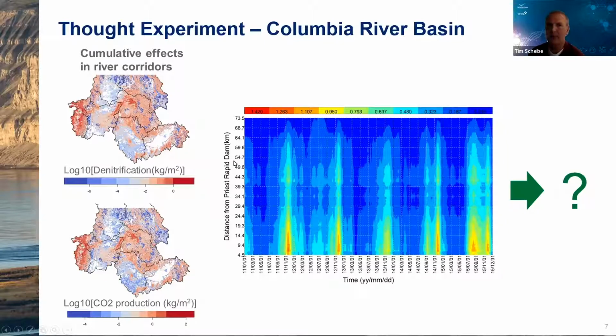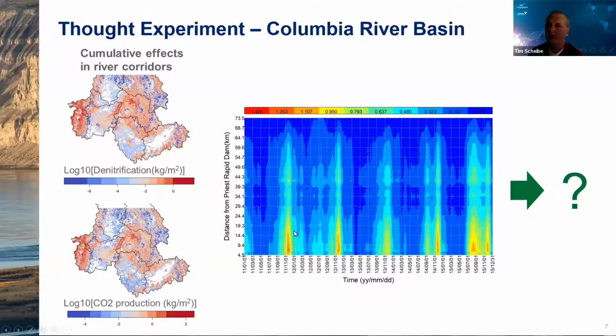Priest Rapids Dam is a hydroelectric dam that generates electricity, and it does so by releasing water through the turbines in response to electric power demands. Therefore, the amount of water released at any given time changes quite dramatically over the course of a day. In fact, the discharge of the river downstream of the dam can vary by easily a factor of 2 over the course of a day.